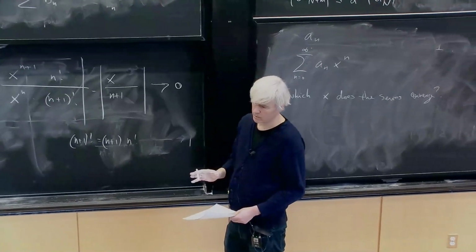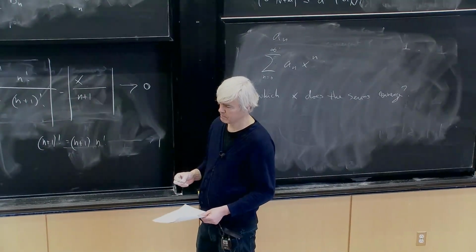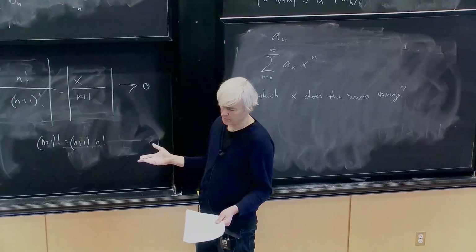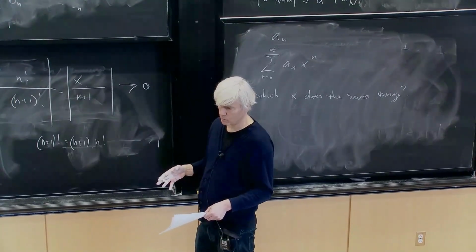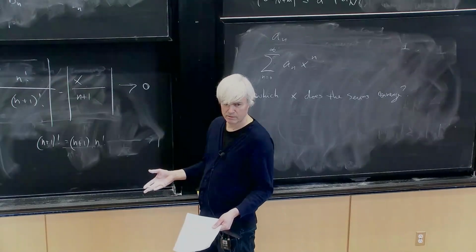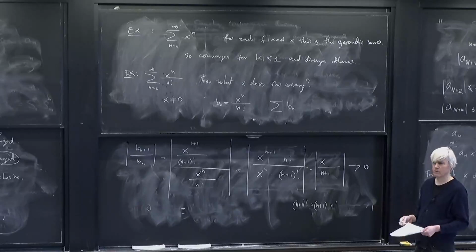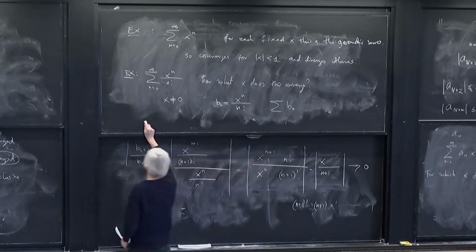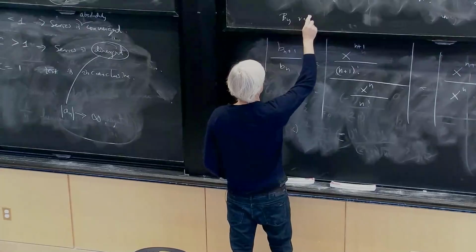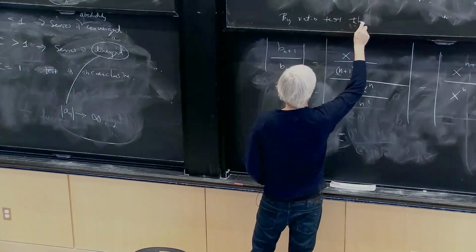So now from the ratio test, if that limit has a limit, it does have a limit. If that limit is strictly less than 1, but it's actually 0, it's definitely falling under 1, so it's convergent. So by the ratio test, this is convergent.